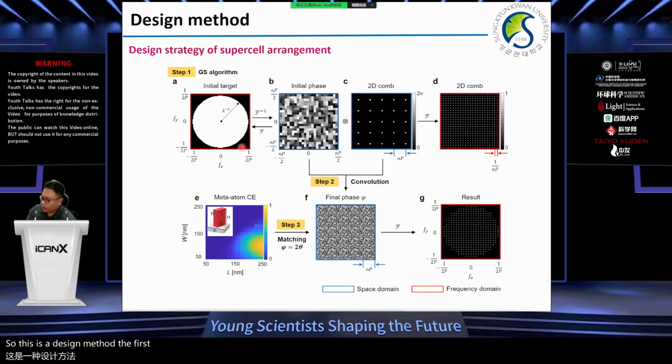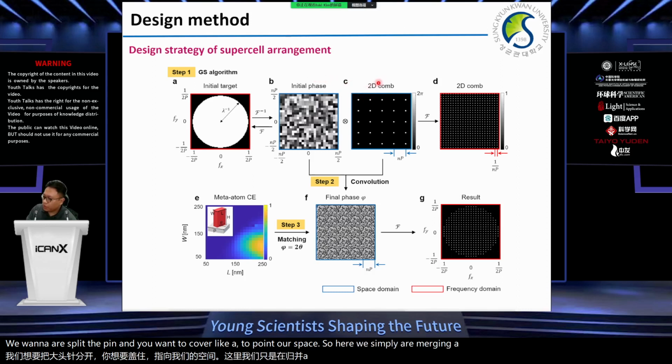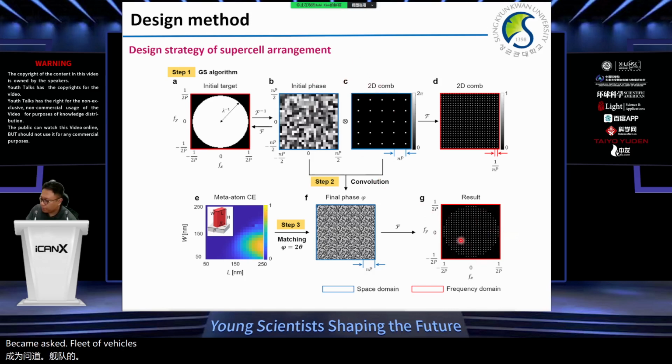First, we want to split the beam, and we want to cover a 2 pi space. Here, simply merging a 2D comb function, we can split the beam in the frequency domain.